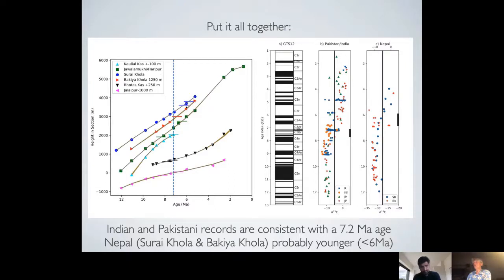So in this record, you can see the transition occurs somewhere between there and there. So it must have been around 6 million. This one, too, had to happen around maybe 6.5 or something.